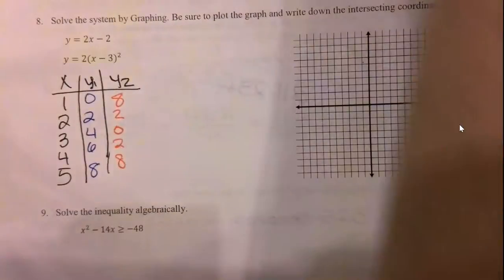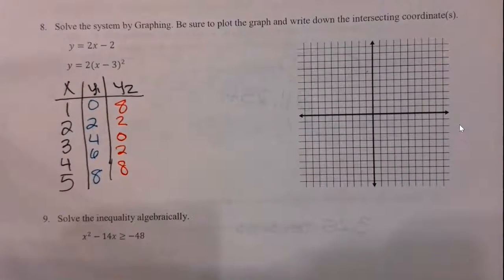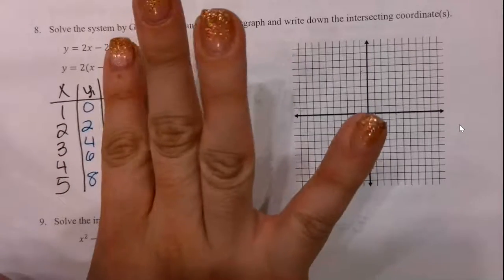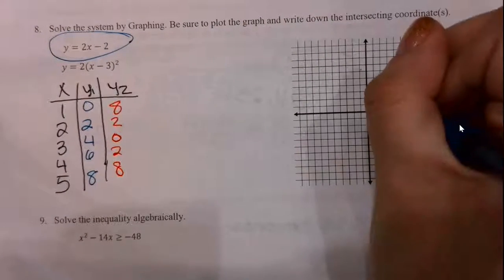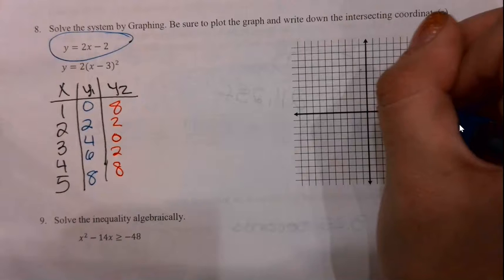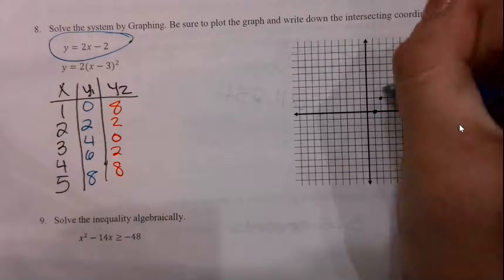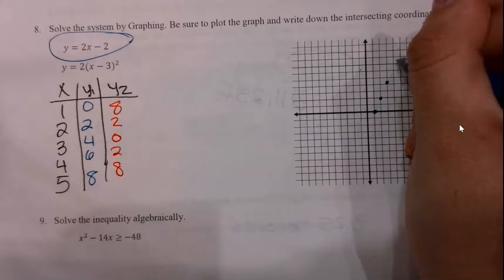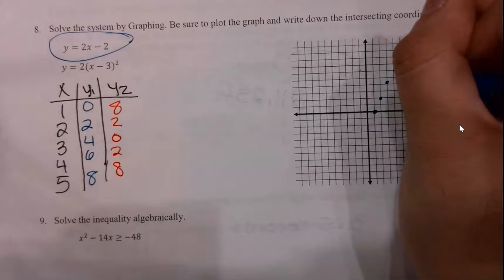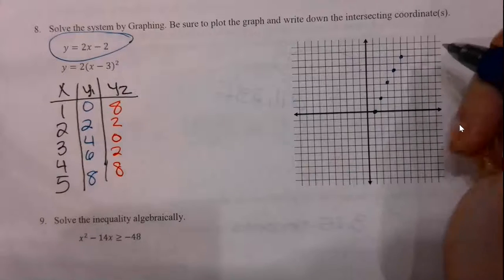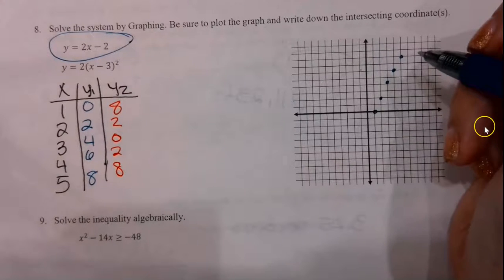Okay. Then I'm going to plot these on the graph. This is going to be my first one, the one with just the x. So I have 0, 1, or 1, 0, 2, 2, 3, 4, and 4, 6, 5, 8. Then I want to connect those.